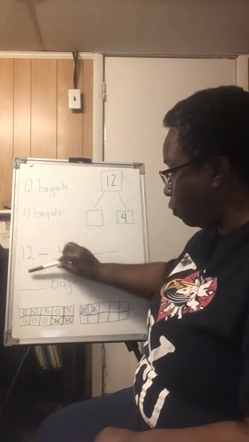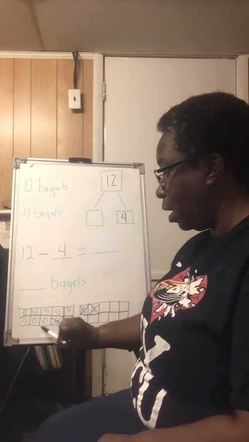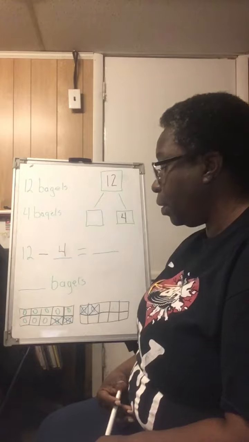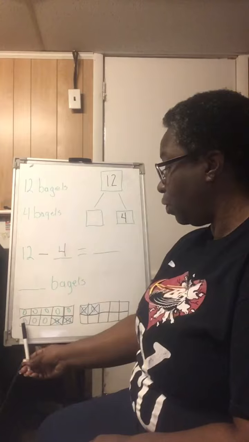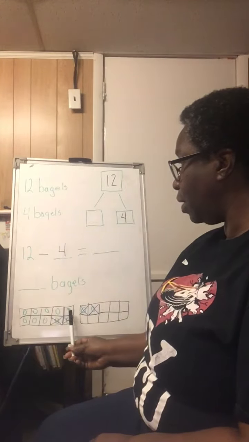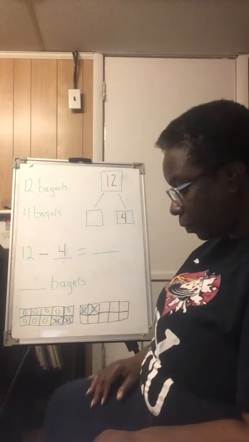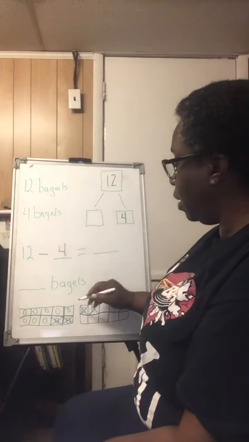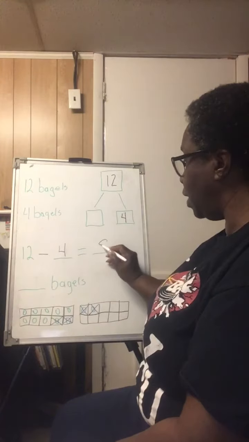So how many green circles do I have left that I didn't mark out? Let's count and find out. Ready? 1, 2, 3, 4, 5, 6, 7, 8. We have 8 left in our 10 frame. Okay? So 12 minus the 4 gave us the number 8.